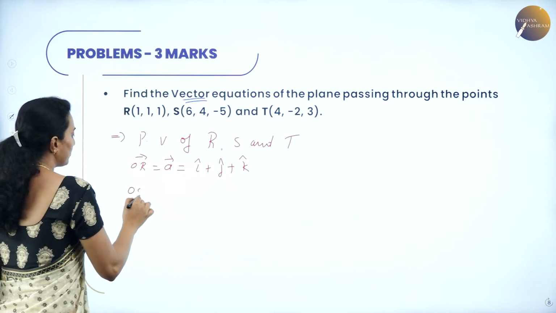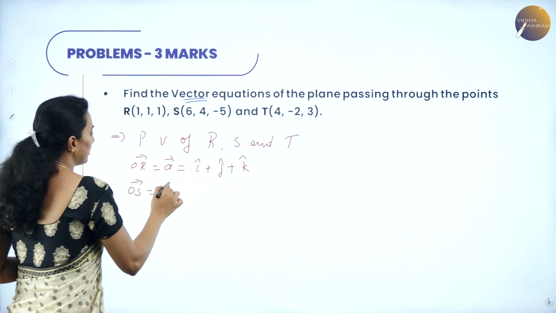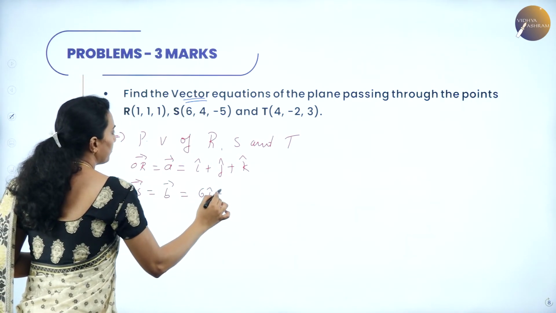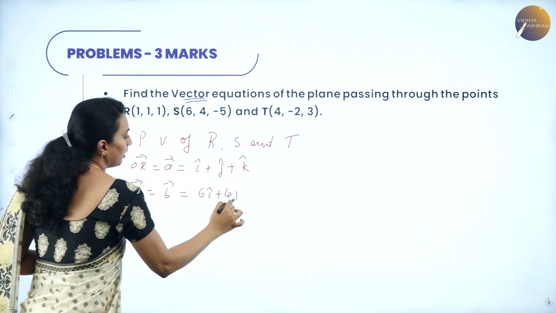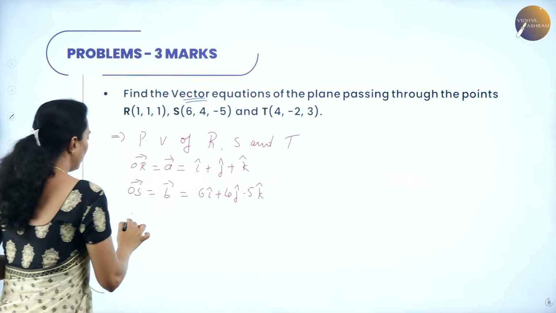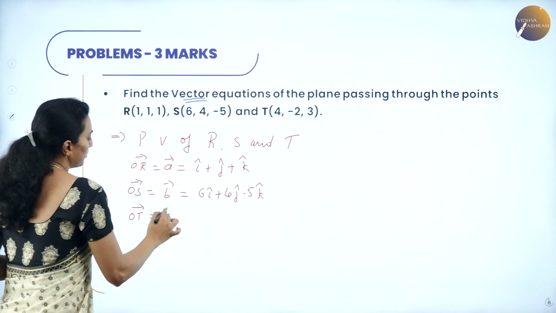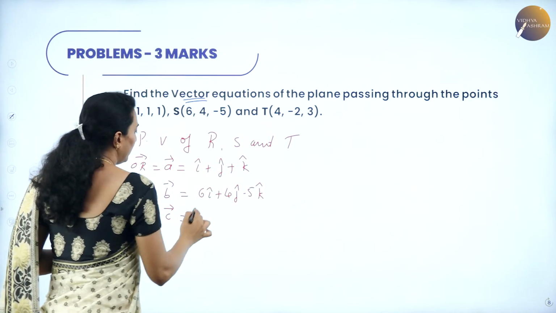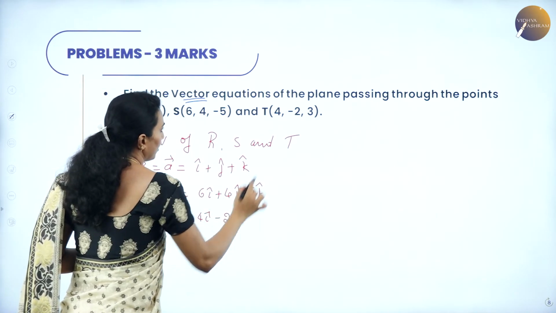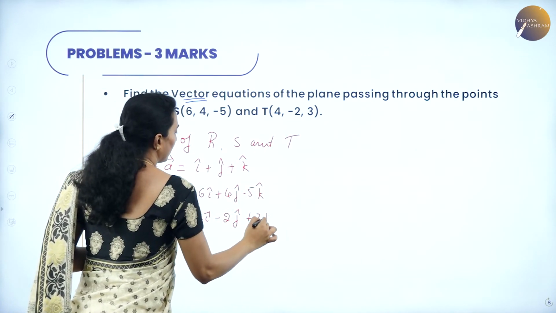Similarly, OS vector, which is B vector, is 6i plus 4j minus 5k. Similarly, OT vector, which is C vector, is 4i minus 2j plus 3k.